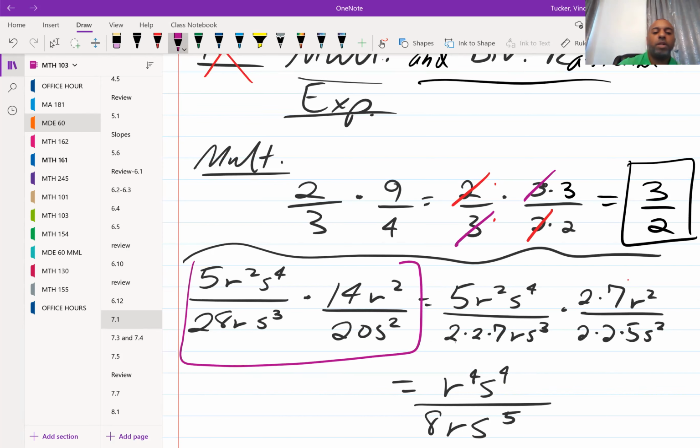This is the original problem. We're going to look at canceling out things that are in common with the top and bottom.